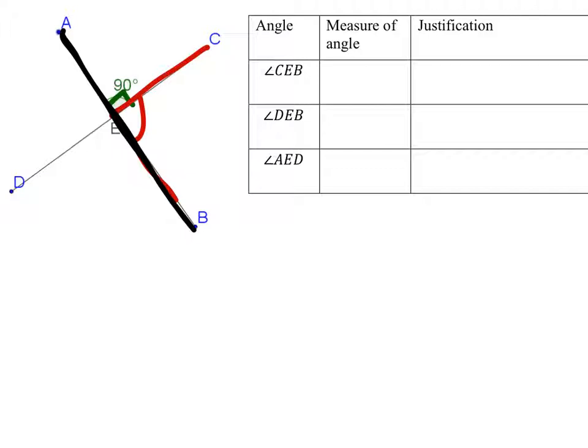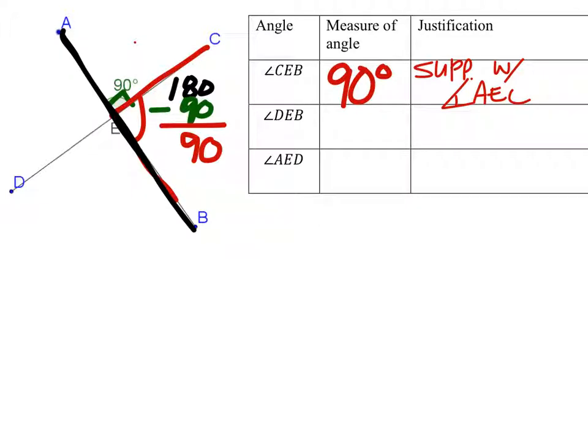Therefore, if I wanted to solve for it, I would take 180 degrees, subtract that 90 degrees, and that will tell me the measure of angle CEB, which also is 90 degrees. So they're all just 90 degrees. Now again, that's because it was supplementary with AEC. There we go.